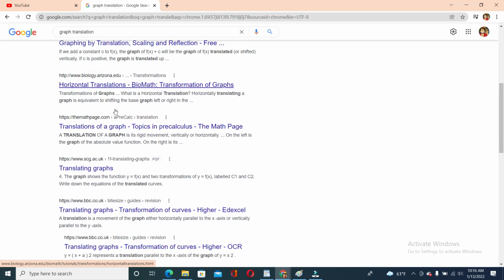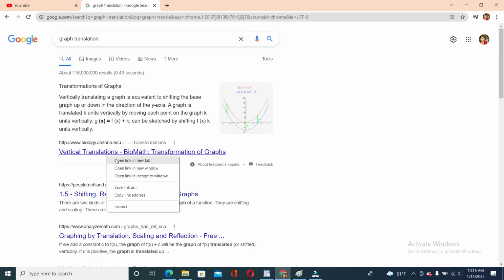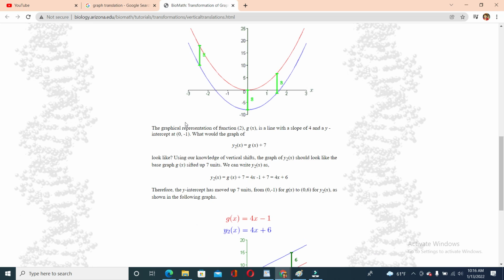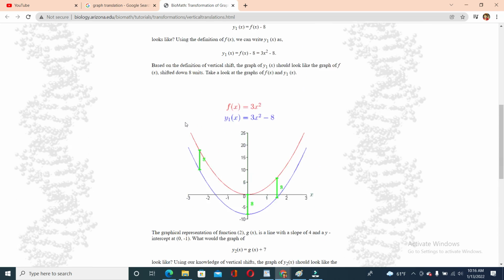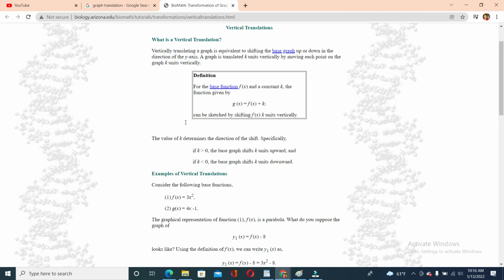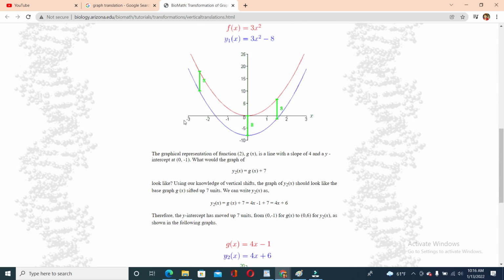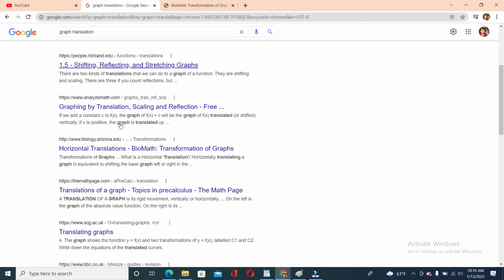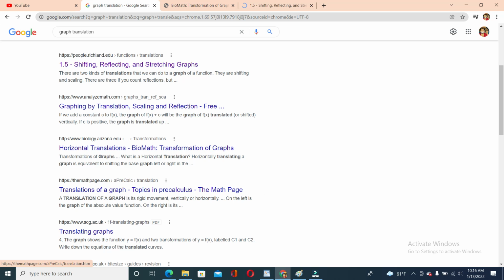Okay, so vertical translation, this one. I can find some general formula, so we can do something.